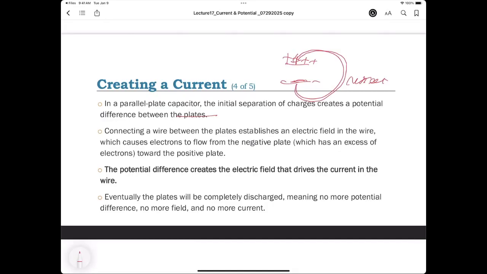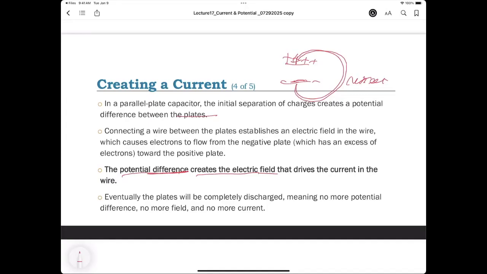And the potential difference creates the electric field that drives the current in the wire. Eventually the plates will be completely discharged, meaning no more potential difference, no more field, and no more current.